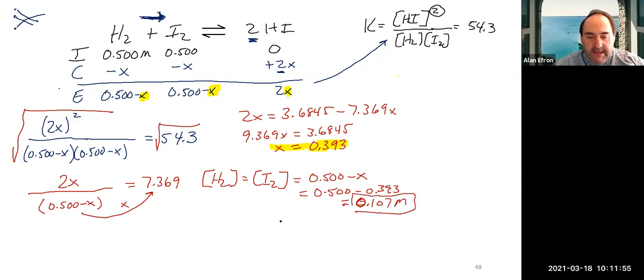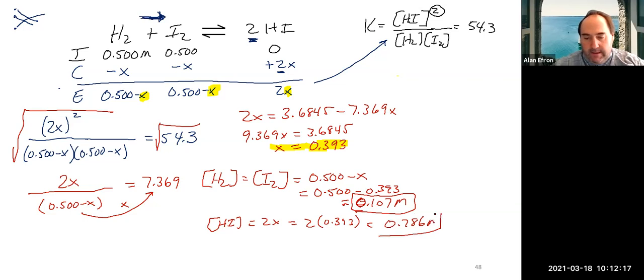And for HI, you get 2x, which is 2 times 0.393, so you'll end up with 0.786 molar. Those would be our equilibrium concentrations.